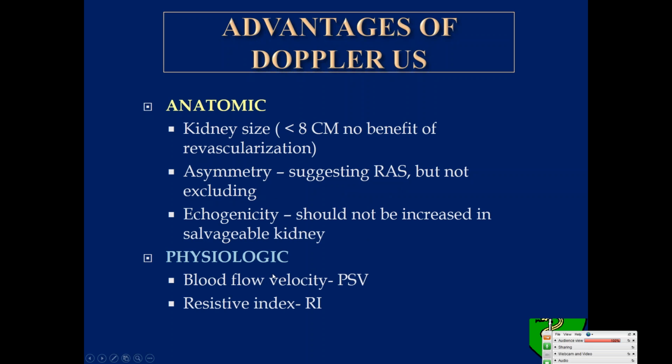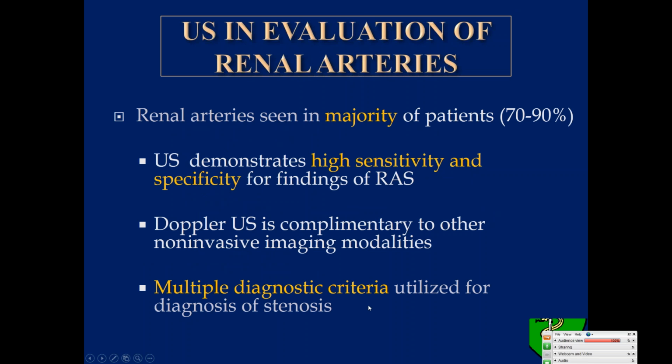Also, in addition to anatomical evaluation, it provides us with some information about physiology, and we can evaluate peak systolic velocity and resistive indices, both of which help to diagnose renal artery stenosis. On ultrasound, we see the main renal arteries in up to 90% of patients.